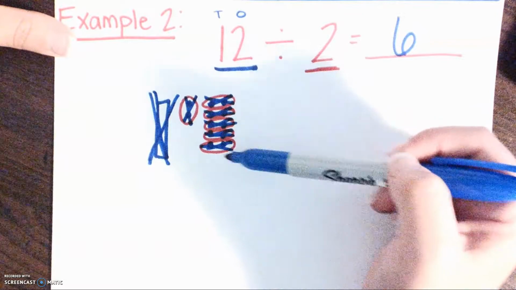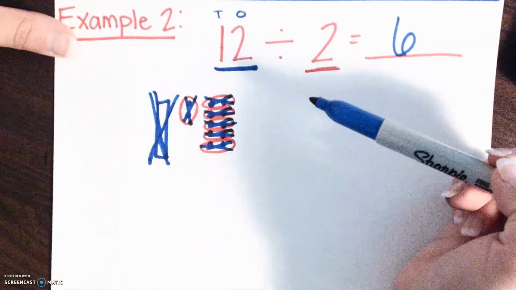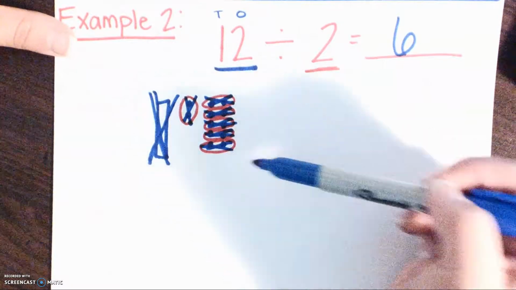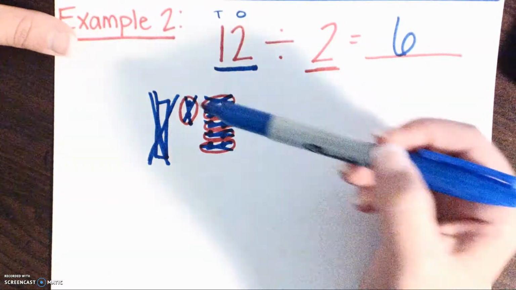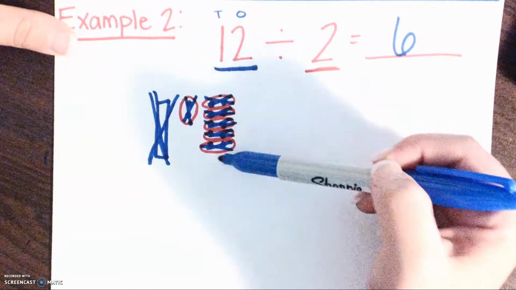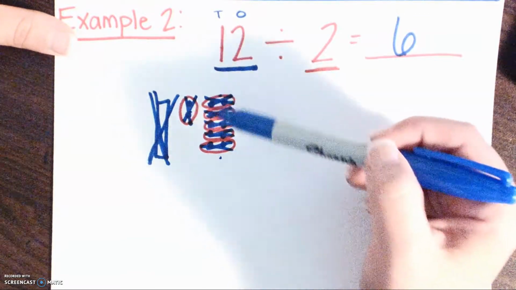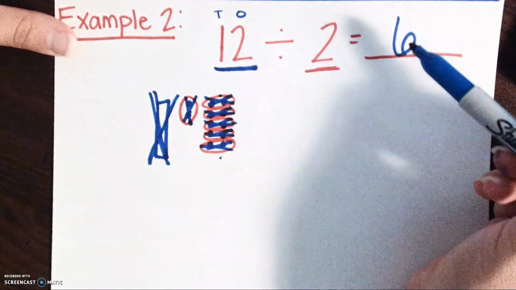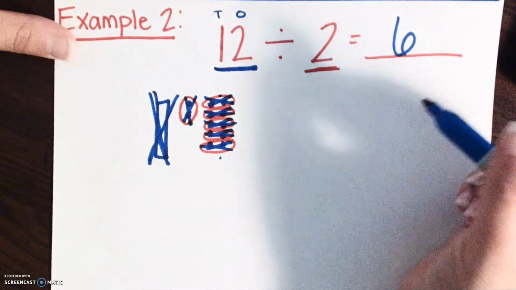Once I had all my 1s, I could then circle my groups of 2. So I went through and I circled groups of 2 till I ran out of 1s. And then I went back and I counted how many groups I had. However many groups I make is my answer, okay? Which is your quotient. Your answer is called your quotient.